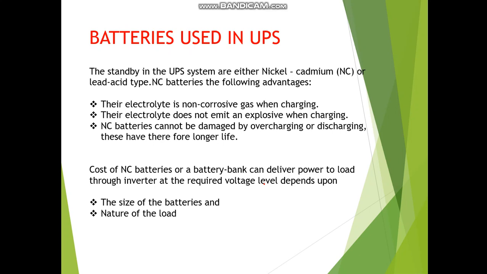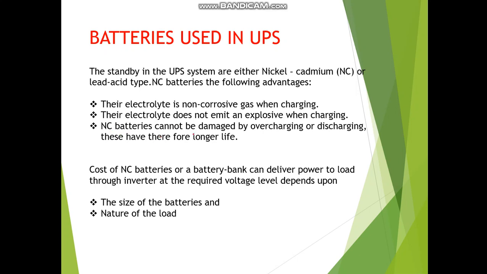What types of batteries are used in the UPS? The standby batteries in the UPS are either nickel cadmium or lead acid type. Nickel cadmium batteries have many advantages. Their electrolyte is non-corrosive, and it does not emit excessive explosive gas when charging.